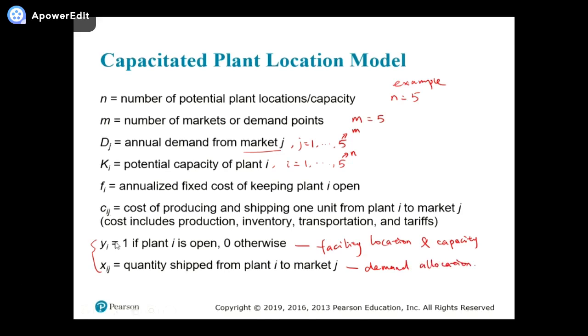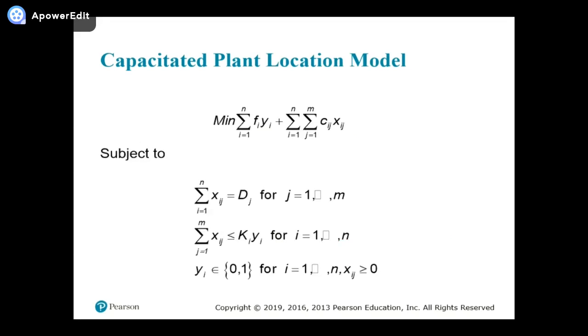Now, facility location decision is a binary decision, right? So I either open a facility here or I don't. There's no in-between state. And then the quantity shipped from a plant i to market j can be any positive number.